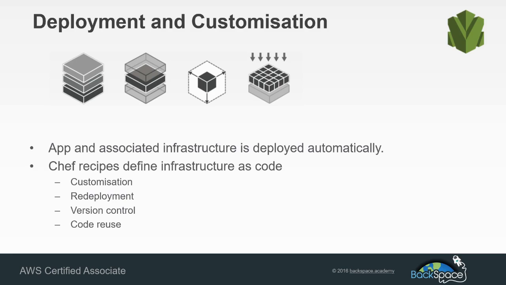We can use those Chef recipes to redeploy our environment again. We can also use those Chef recipes under version control. So we can not only have our infrastructure as code, we can have our infrastructure managed under version control. And we can also reuse our code.